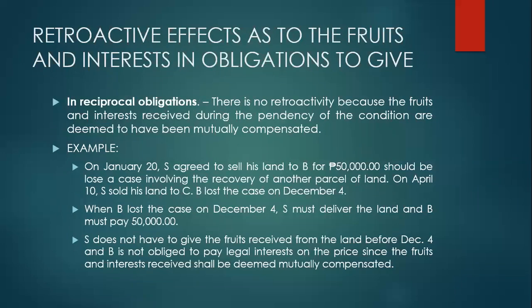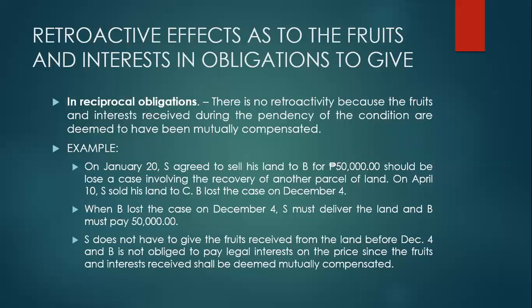So B can file an action to recover the land on the ground that B, as a creditor, has the right to take appropriate action to preserve his right in order to question the sale of S to C over the same parcel of land.